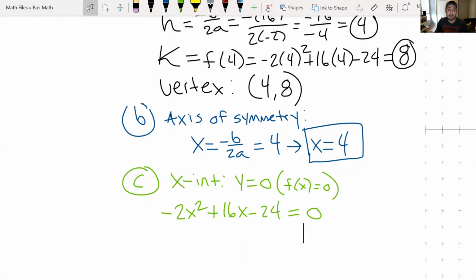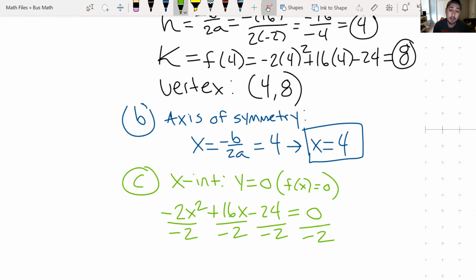So since this is an equation, I see that I have a greatest common factor of negative 2. I'm just going to divide the whole thing by negative 2. I'm going to say divide by negative 2, divide by negative 2, divide by negative 2. Now, this is probably something new you're seeing.